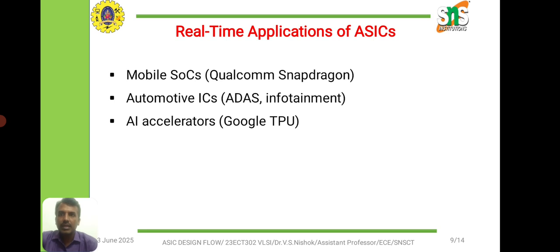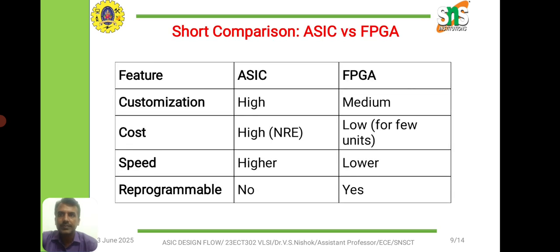This is an autonomous driving advanced system, and then infotainment, navigation, tire pressure, such things are possible with the help of these ASIC ICs. And AI accelerators for complex circuits, Google is using AI accelerators to design the circuits.